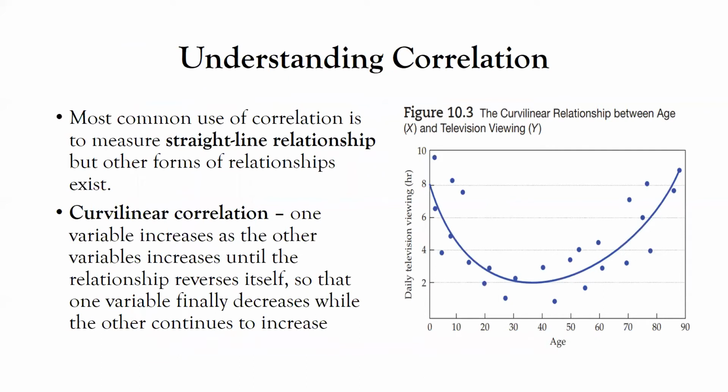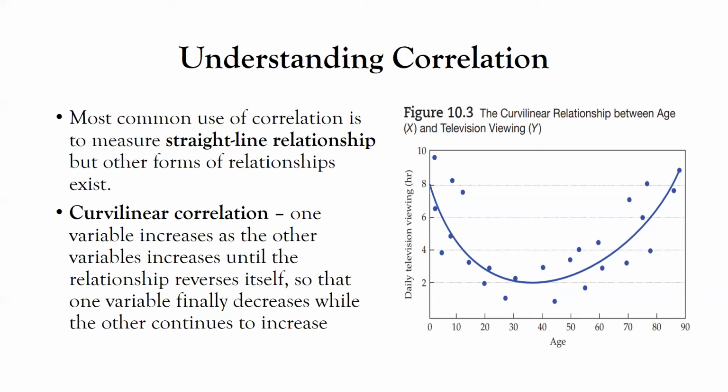So let's continue. Now, the correlation that we will be comprehending and will attempt to demonstrate is the most common use for correlation, which is describing and measuring straight line relationships. And it's very straightforward.